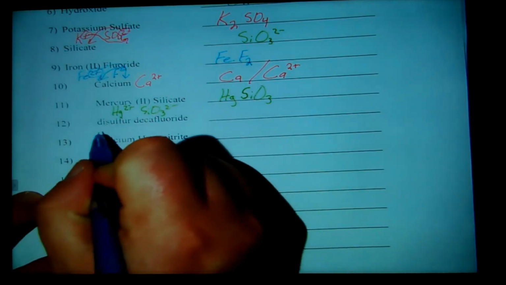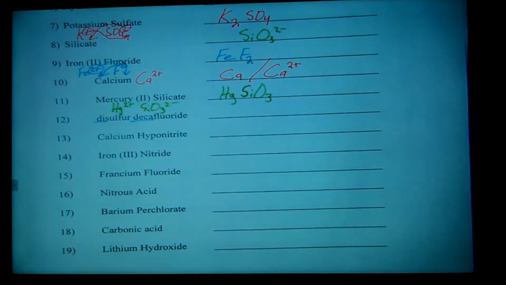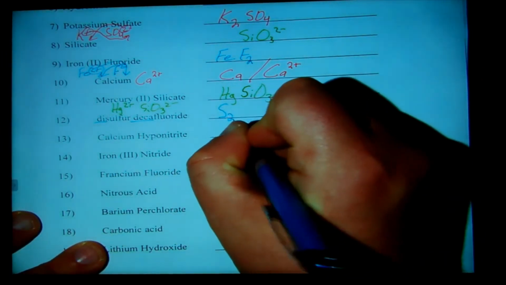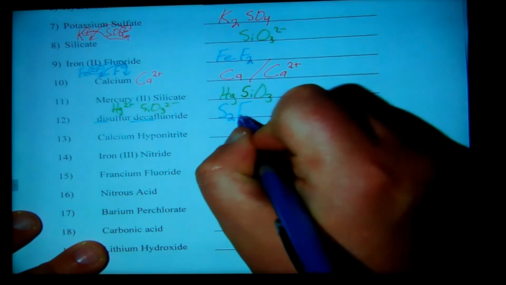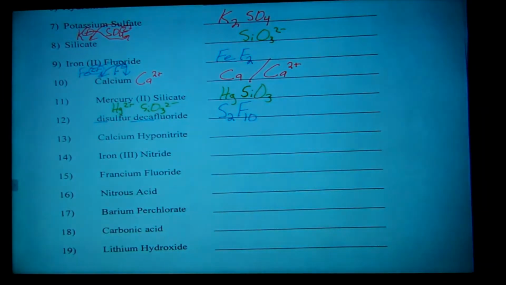I have disulfur, so prefixes, which tells me that it's spelled out for me. So disulfur, so S2, fluoride, and deca is 10. So S2F10.